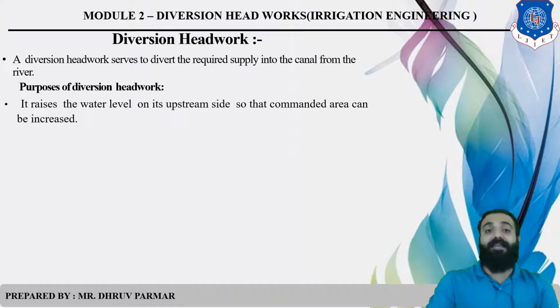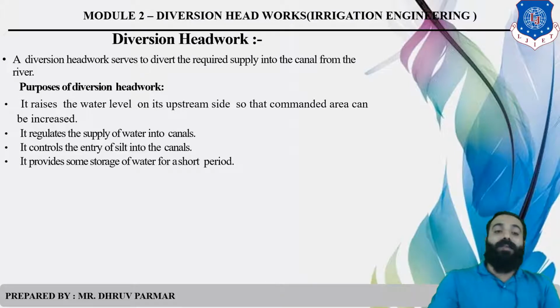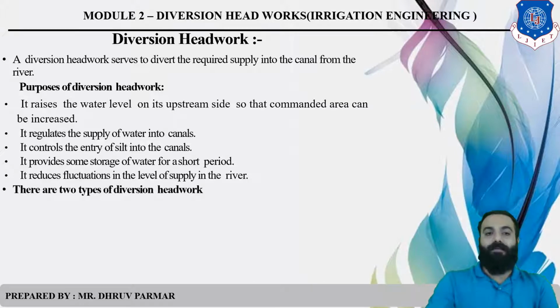First, it increases the water level on the upstream side. It regulates the supply of water, that is, controls the supply into the canal. It prevents entry of silt and debris into the canal. It also provides some storage for a short period and reduces fluctuation in the level of water supply in the river.